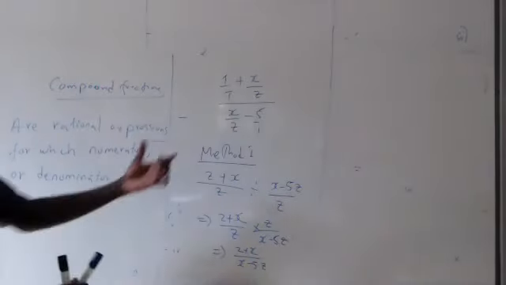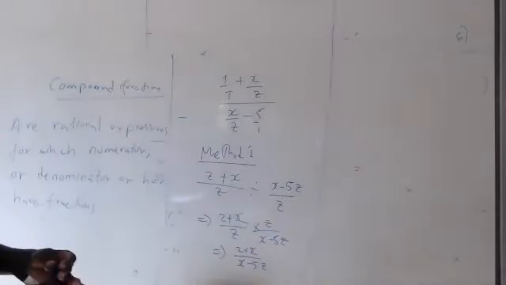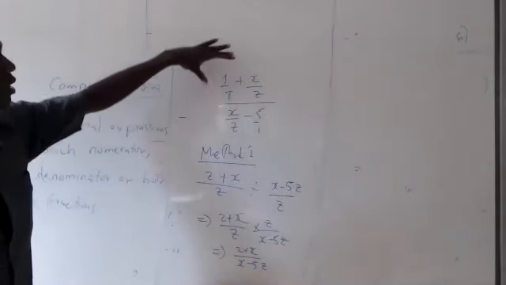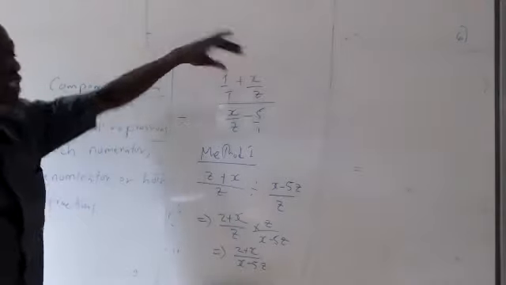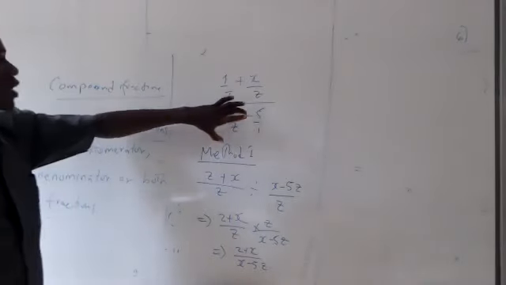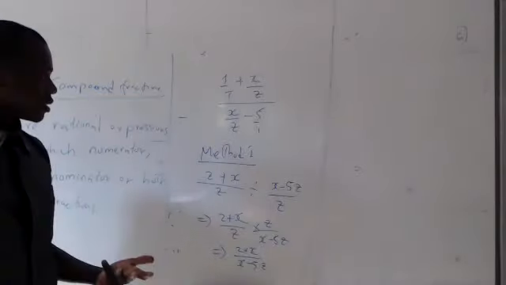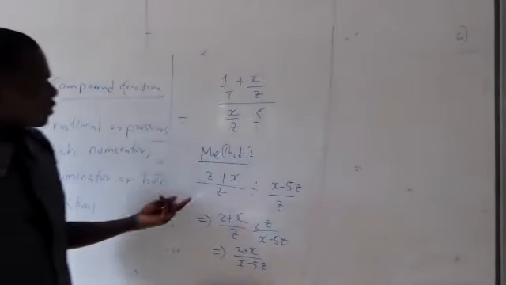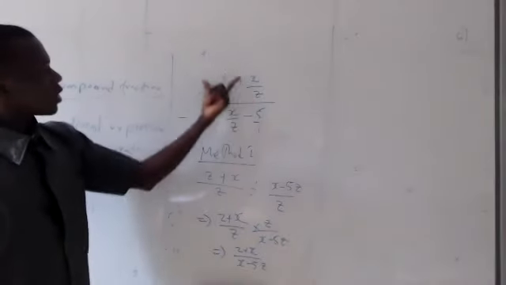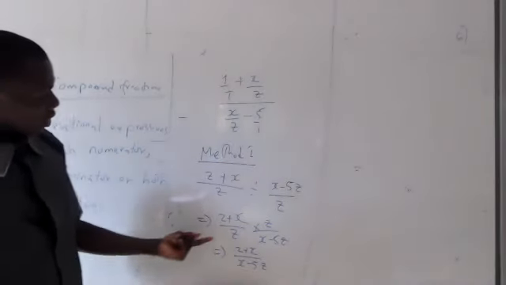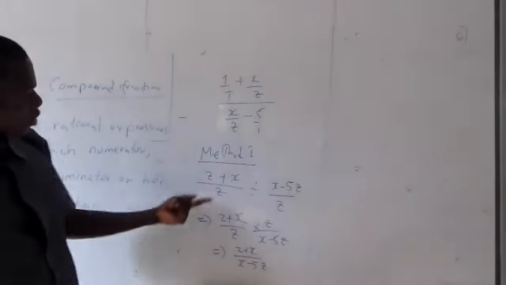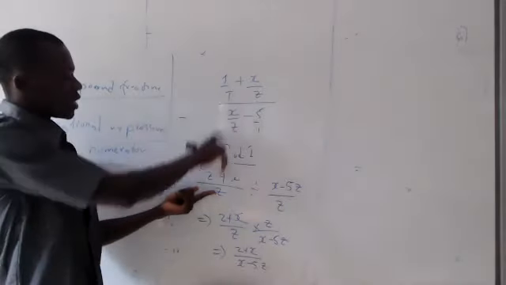So please repeat. The idea is to write the numerator as a single fraction and write the denominator as a single fraction. Then from there you divide these two expressions. So what I've done is I've taken the LCM in the numerator, which is z, then 1 divides z times.